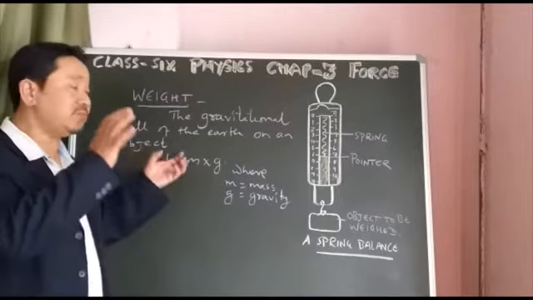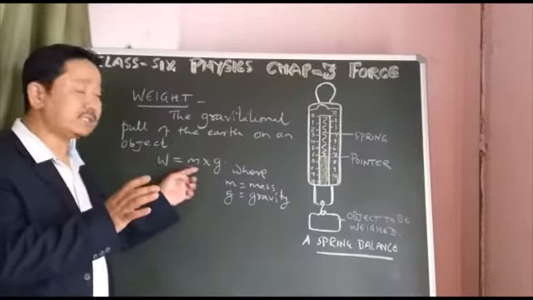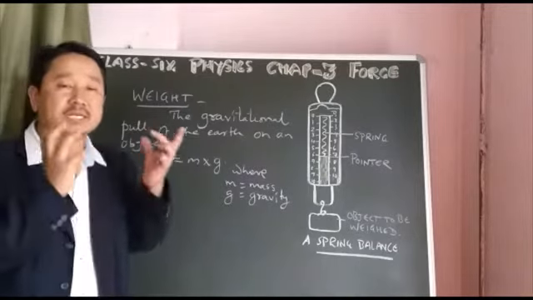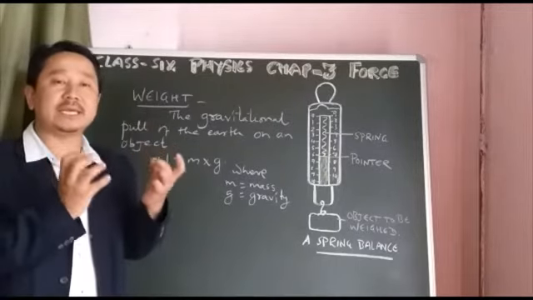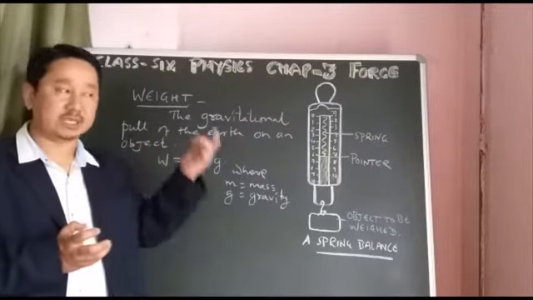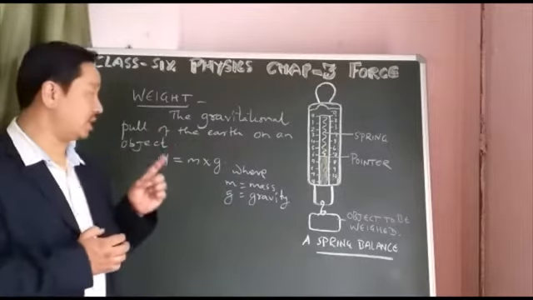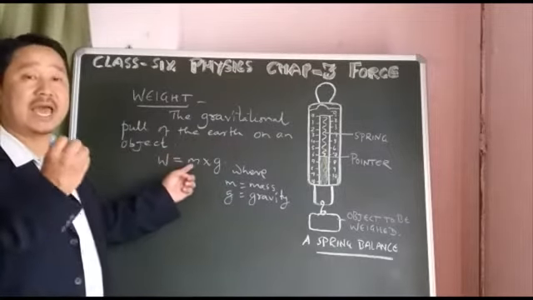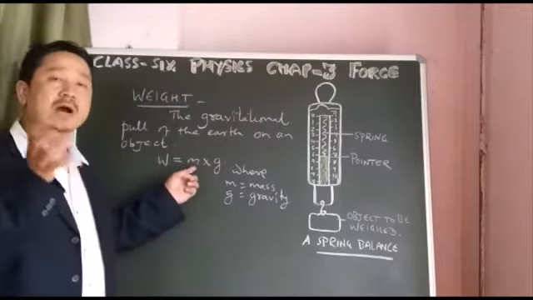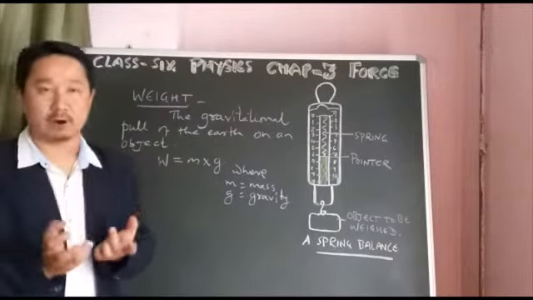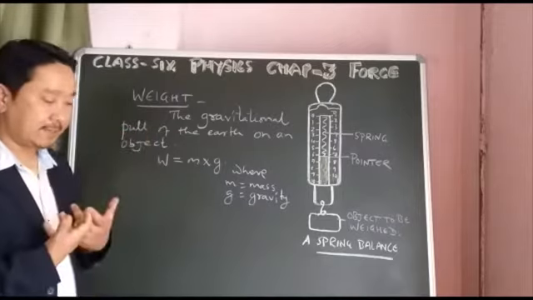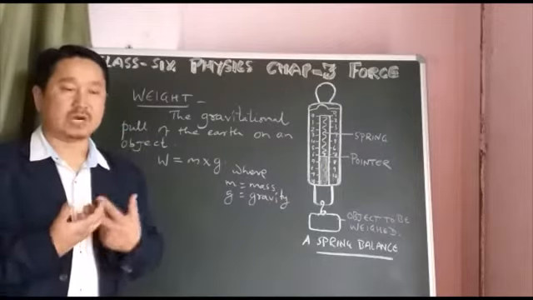Weight is the force, but mass actually is the quantity of matter contained in an object, which we have discussed in the other session also. Suppose, let us say, my weight. What is my weight?